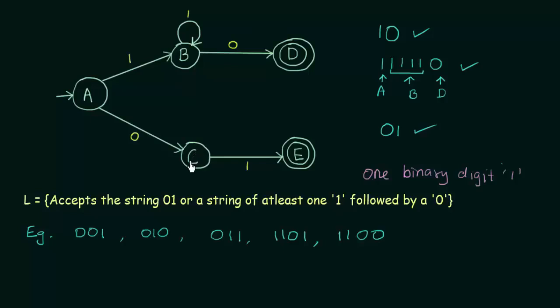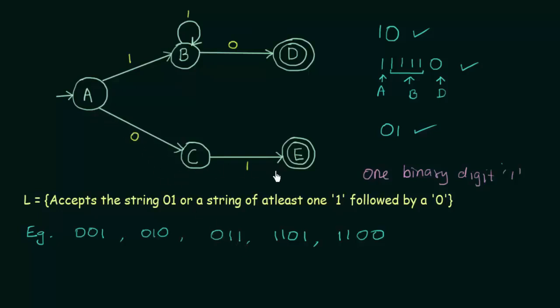Okay, let's check this string: 0, 1, 0. I get a 0 and come to state C. I get a 1 and come to state E. Then I get another 0 when I'm in state E, and again I don't have a place to go. What about this string, 0, 1, 1?